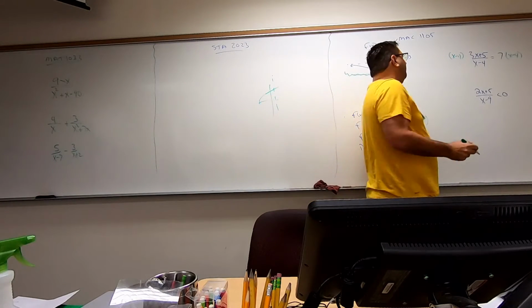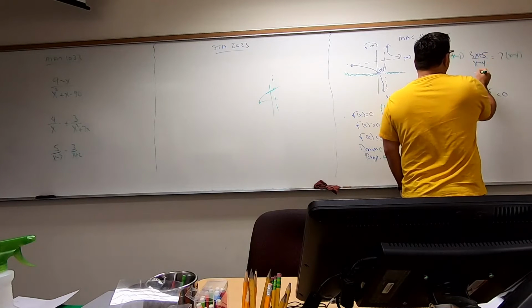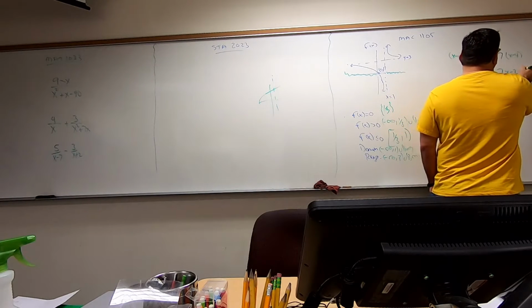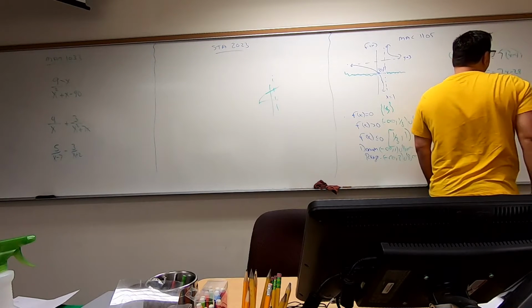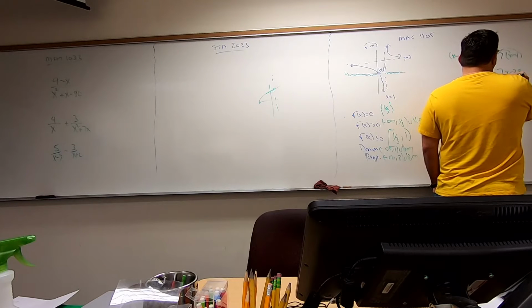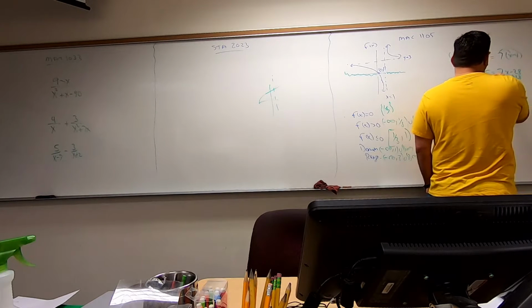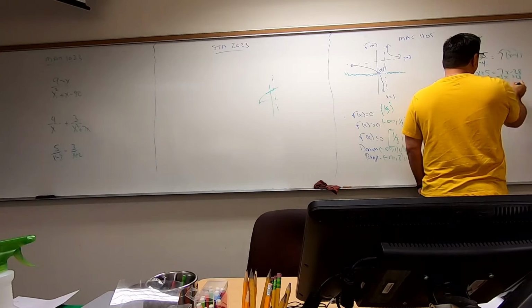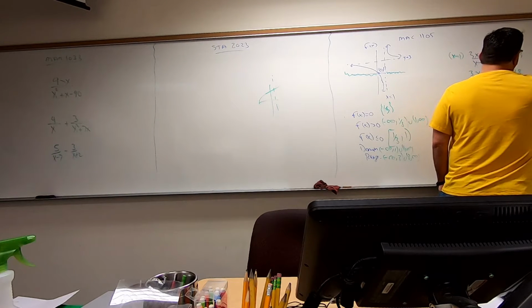But we can do that as long as it's equal. We'll cancel this. We'll get 3x plus 5 equals 7x minus 28, if we distribute. Subtract 3x, add 28. That gives me a final result of 4x equals 33, and x is equal to 33 over 4.